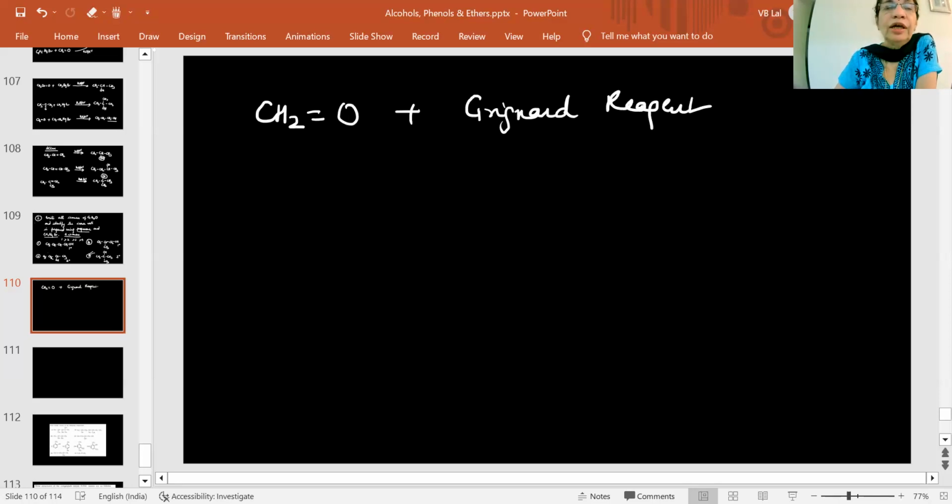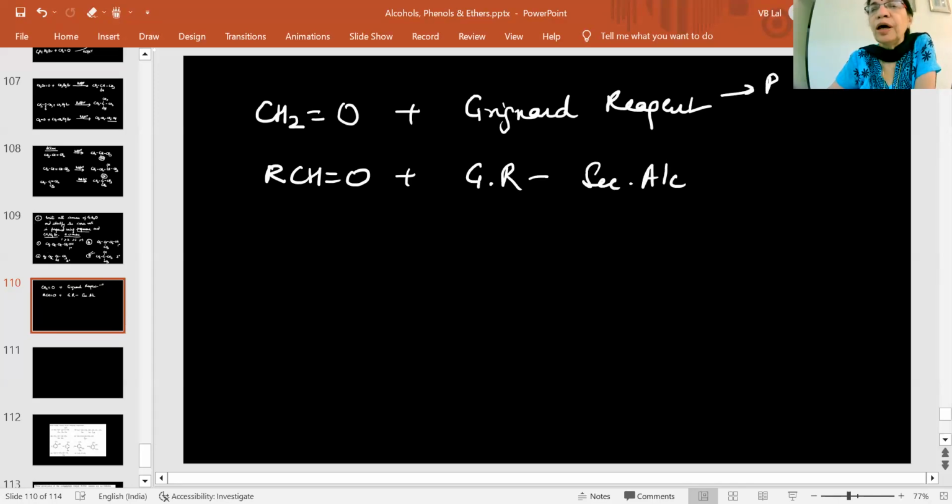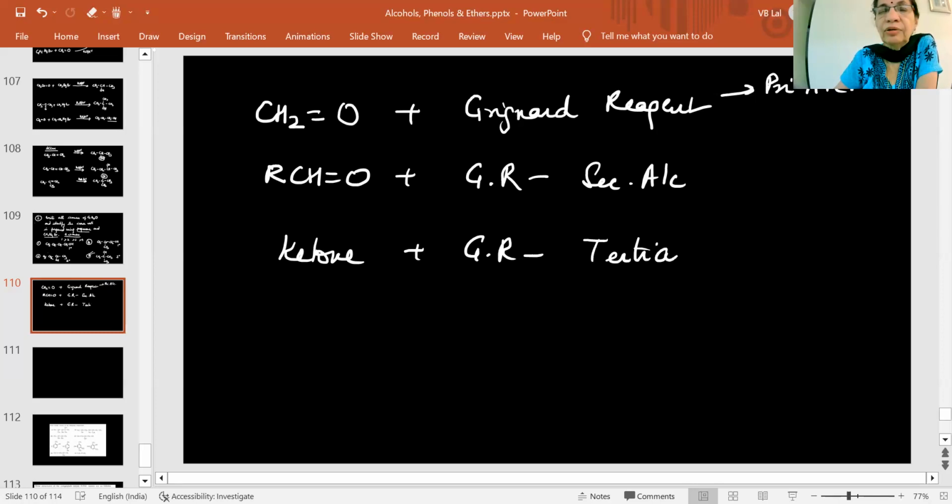If I have any other aldehyde, RCHO, plus Grignard reagent, I get a secondary alcohol. And if I take a ketone plus Grignard reagent, I will get a tertiary alcohol. These are things you should remember and not forget. Now we'll go by your textbook.